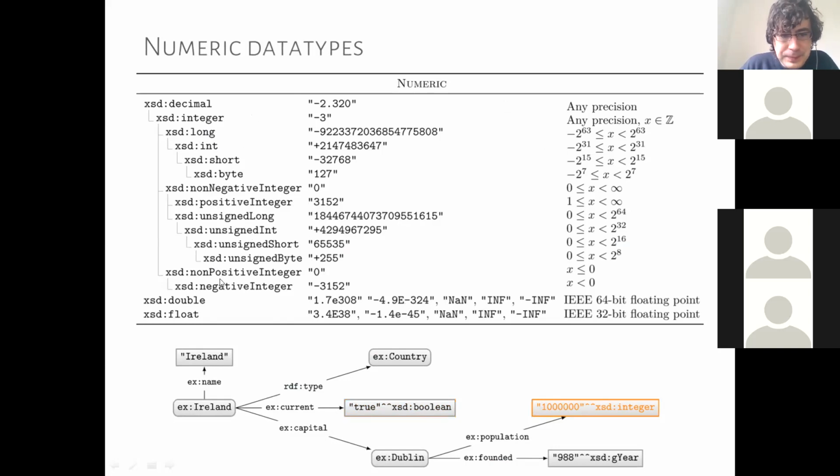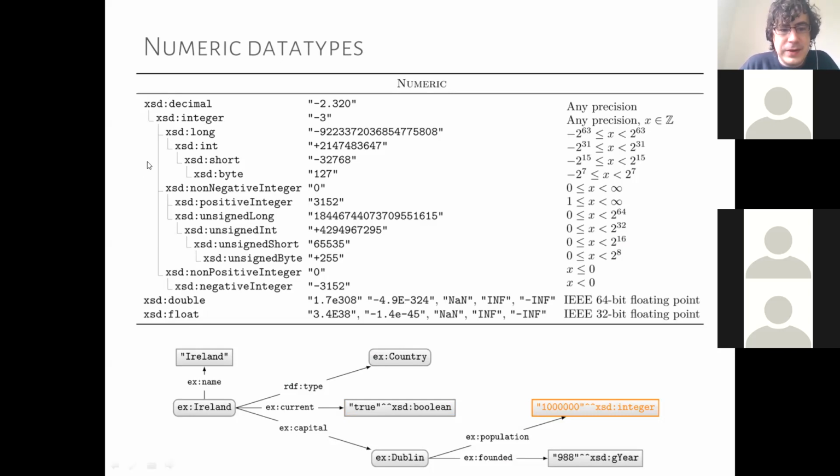Not derived from XSD decimal, we have doubles and floats. The reason these are not derived from XSD decimal is that doubles and floats are floating point representations of numbers, so they're not exact. They're essentially an approximate value.